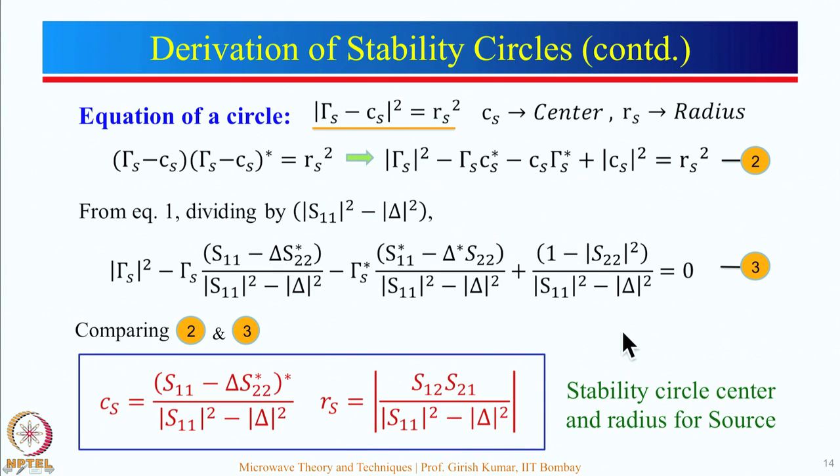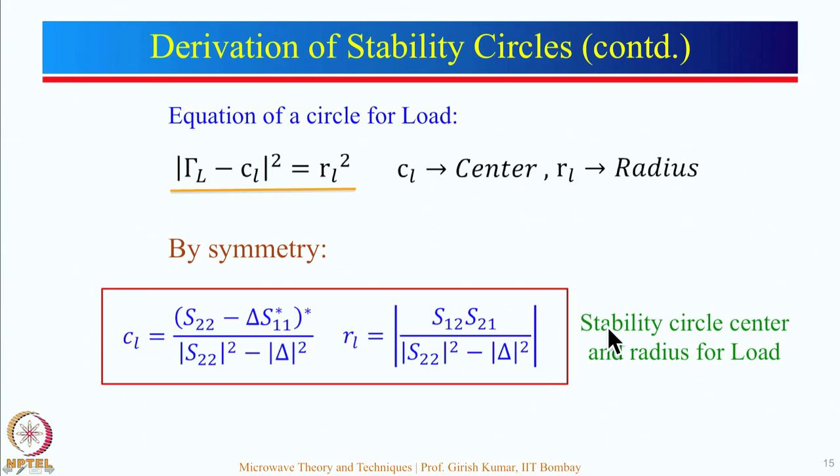In a similar fashion, one can find out the center and radius of the stability circle for the load. So, the equation of a circle for the load would be, in a very similar fashion, gamma L minus CL square is equal to RL square, and by using the symmetry we can find out the expressions for CL and RL.